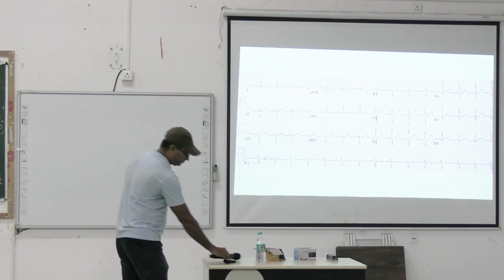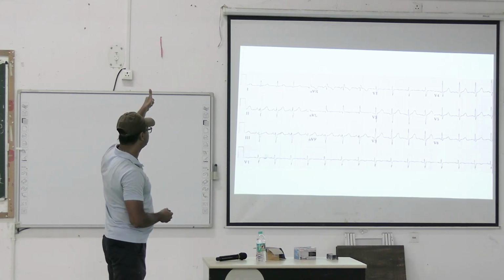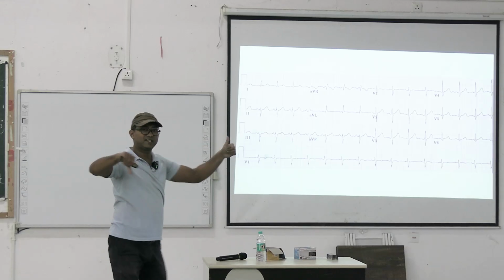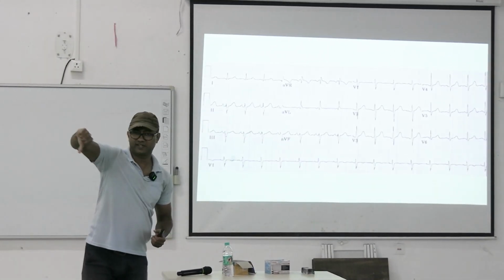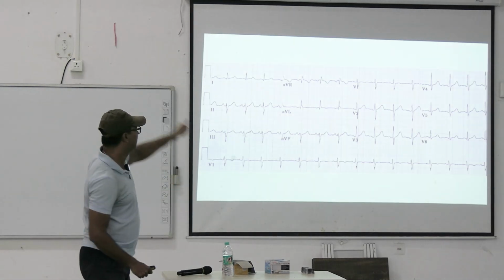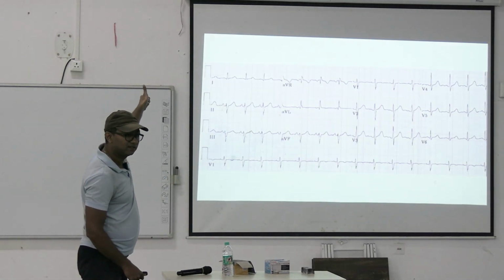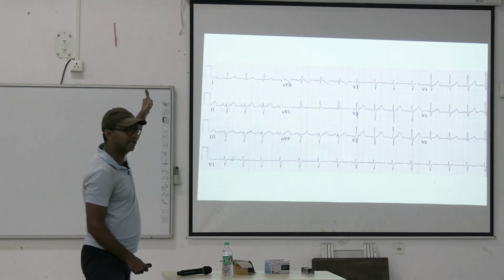Another ECG. Lead 1 up, lead AVF down. What to do? This is the dislike button, and we don't go with the dislike, we go with the like. So which thumb is like? The left thumb is like.